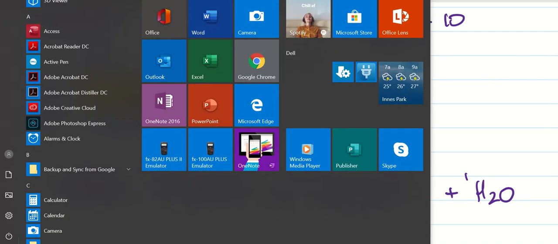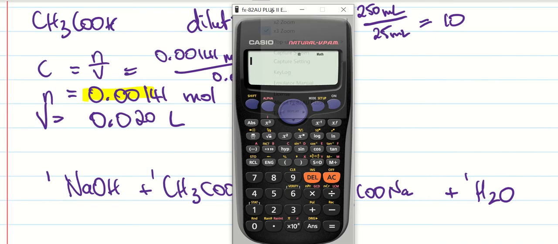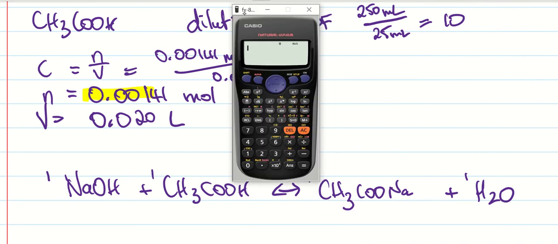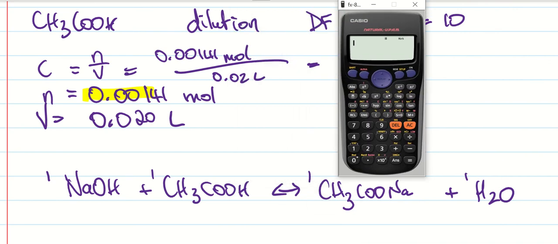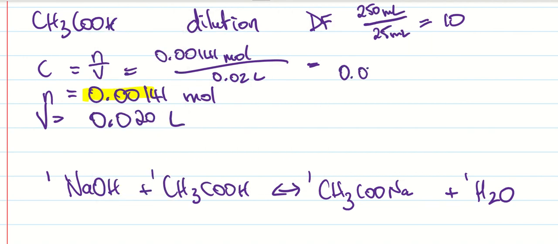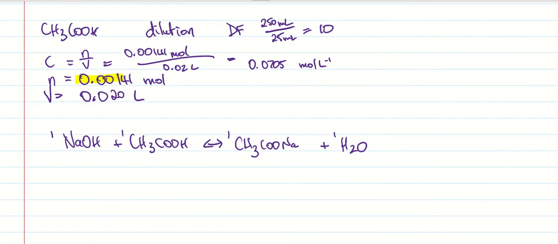So let's do that. Oops, lost it. So 0.00141 divided by 0.02, and that will give us a concentration of 0.0705 moles per litre of ethanoic acid.